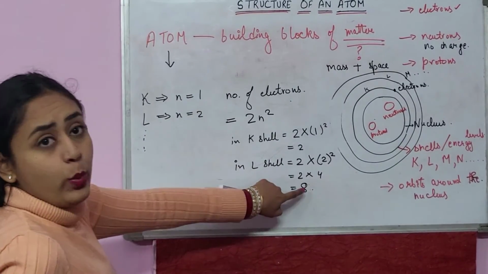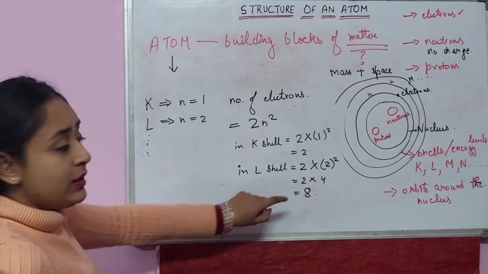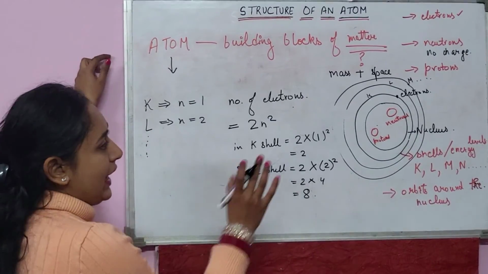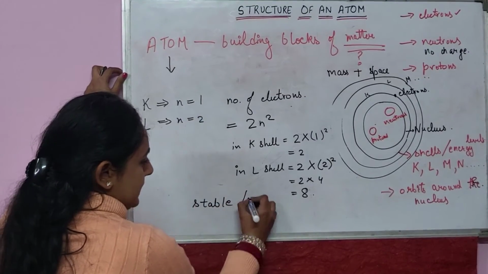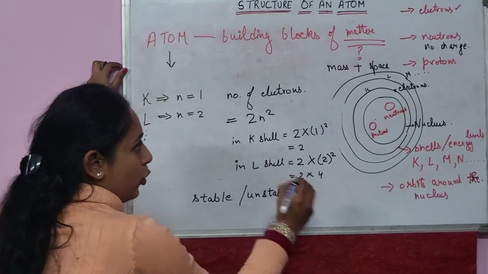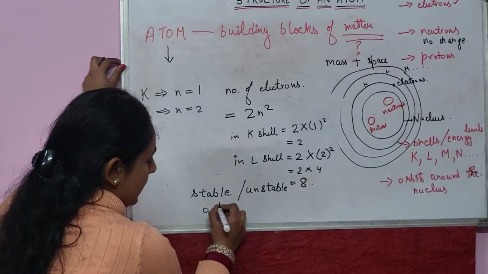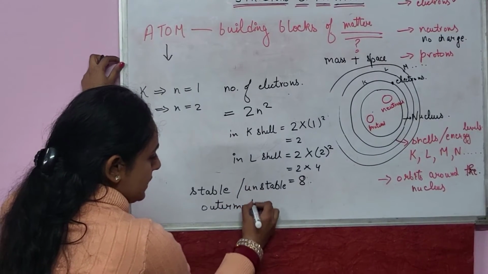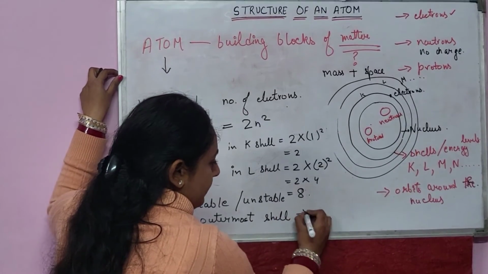This 8 is a very important number because from this we can judge whether an atom is stable or unstable. If the outermost shell has 8 electrons, then it is stable.